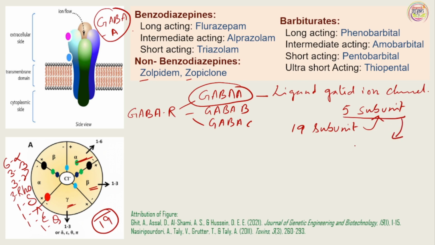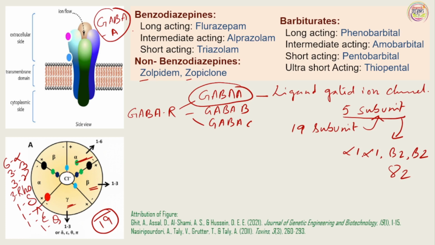The most common isoform in the adult is 2 alpha, 2 beta, and 1 delta subunit. This receptor encloses a chloride channel.